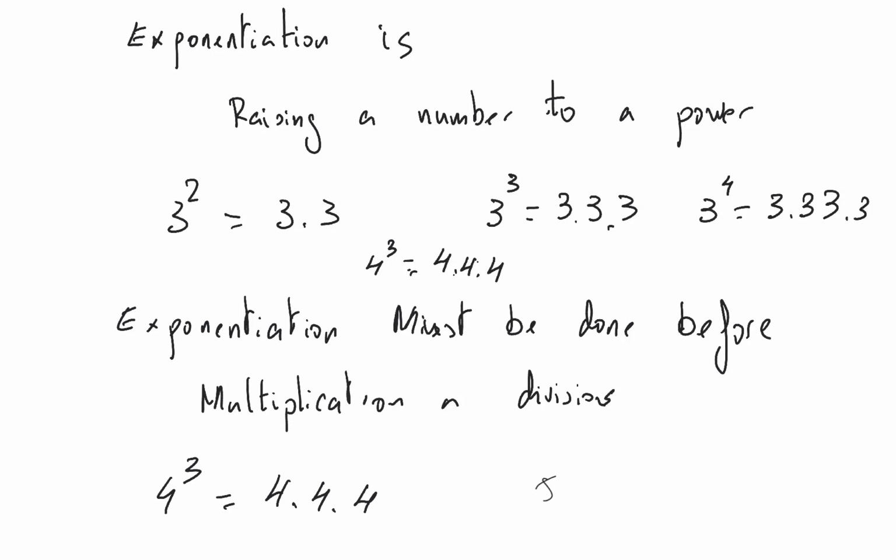And what is 5 raised to the power 6? It's 5 multiplied 6 times. 3 raised to the power 3 is 3 by 3 by 3. And 3 raised to the power 4 is 3 by 3 by 3 by 3, 4 times.